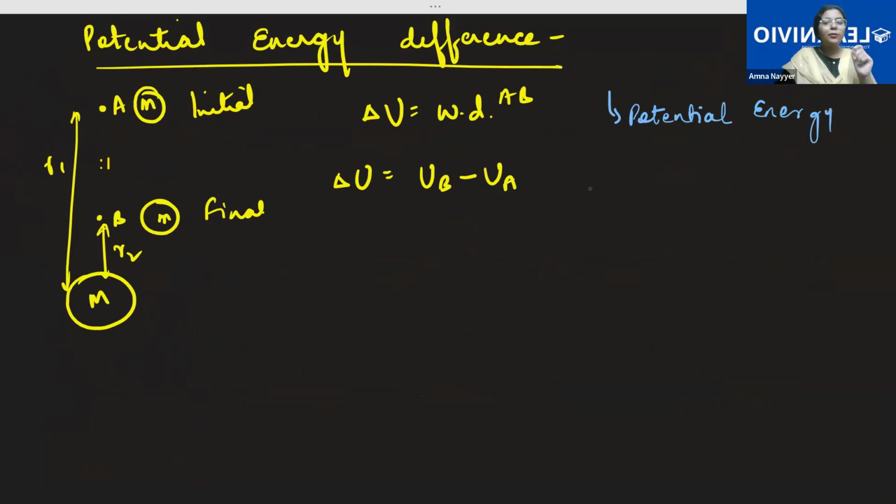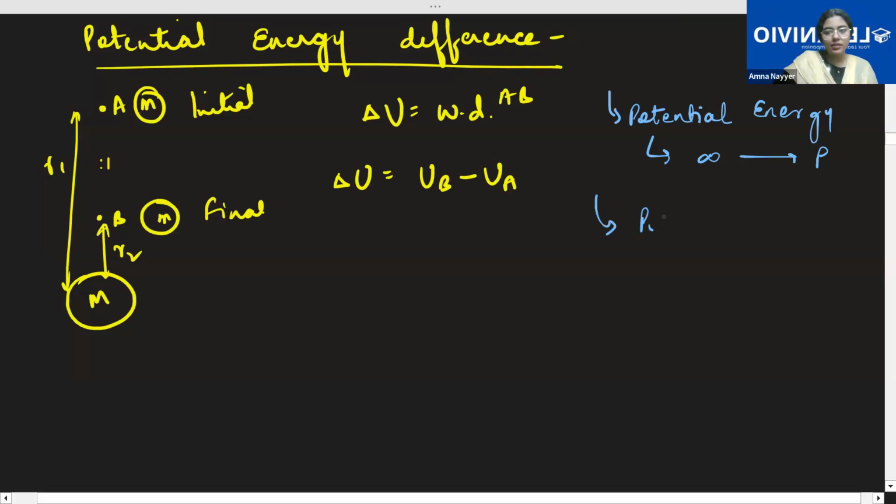Now, when we say only potential energy, this means the potential energy between infinity and some point P. From infinity, we are bringing the body to some point P. That was the potential energy. That's why we did that calculation in that manner. The entire calculation is put in that manner. So potential energy means you are bringing something from infinity to your respective point, whatever point you have chosen.